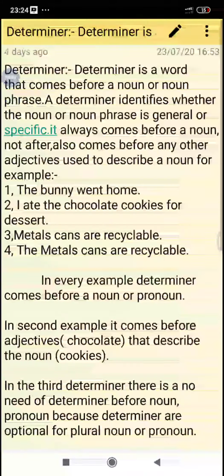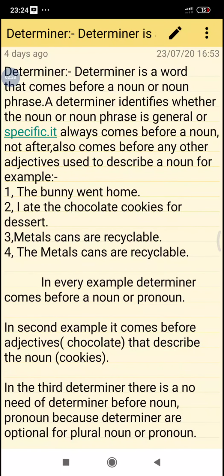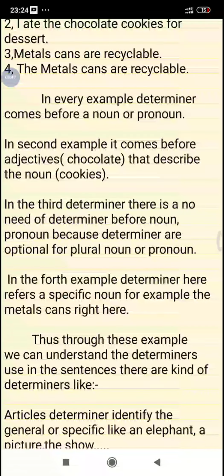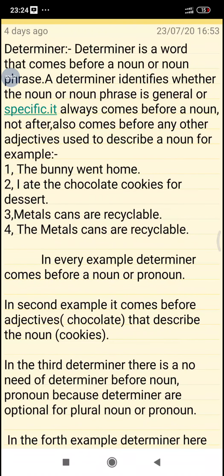Here we have the definition and some examples, and by these examples we come to know that there are different kinds of determiners. Each example specifies the determiner's position and use, why the determiner is used in the sentence, and what kind of expression it gives if we use the determiner.